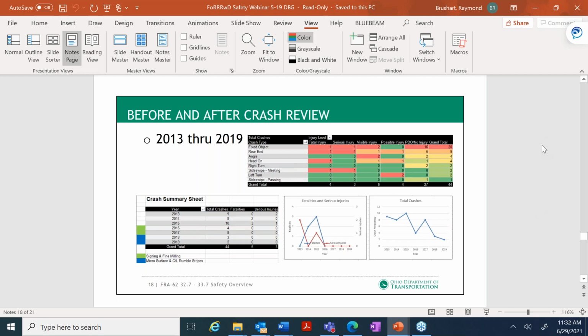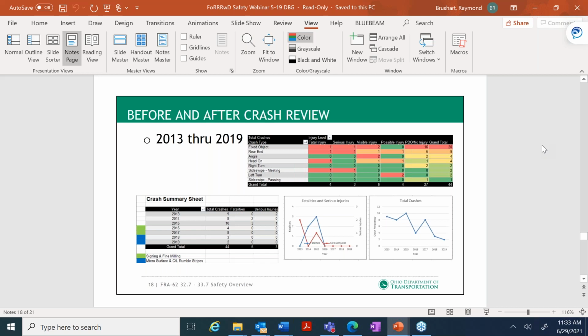That was the whole point of this webinar series, using low cost systemic treatments, with different objectives for each one: keeping vehicles on the road, making a recoverable space so they can get back on the road, and thirdly, reducing the severity of crashes.